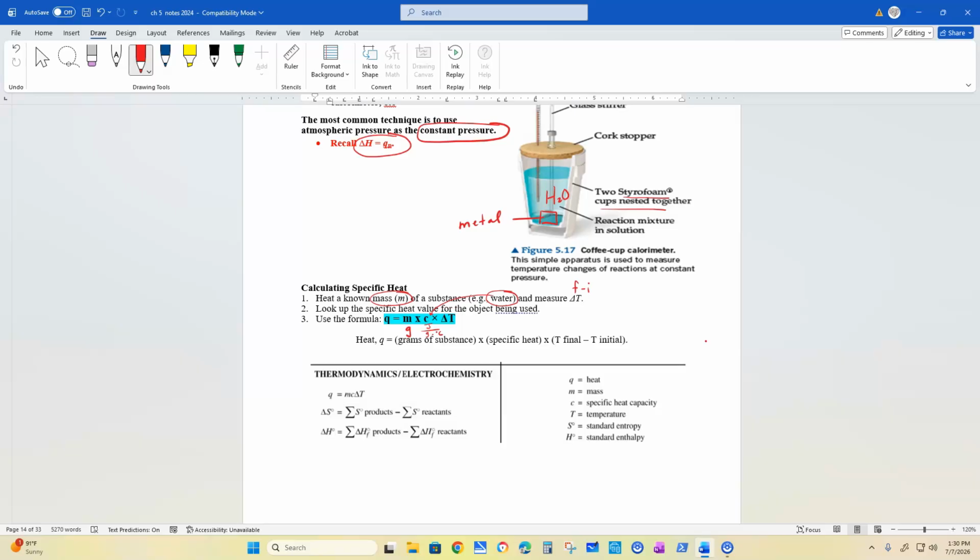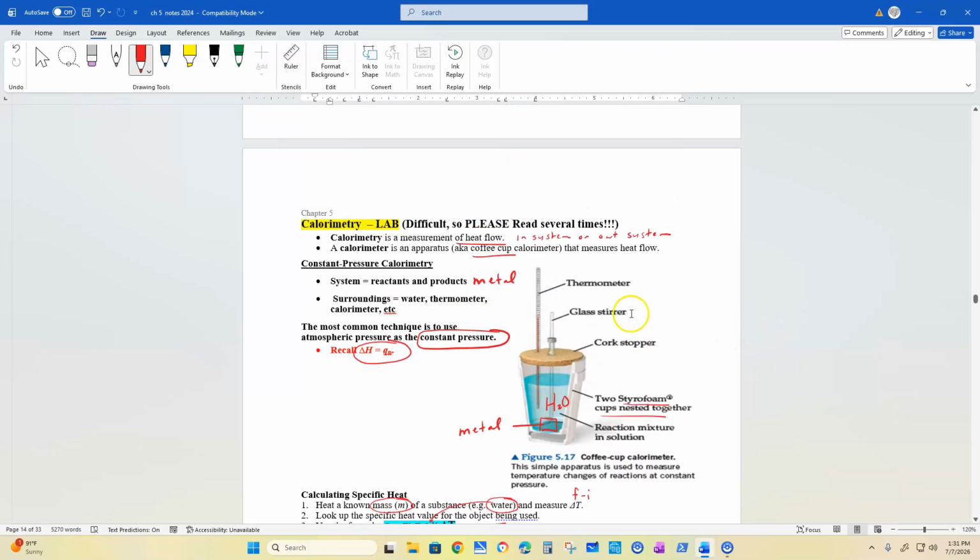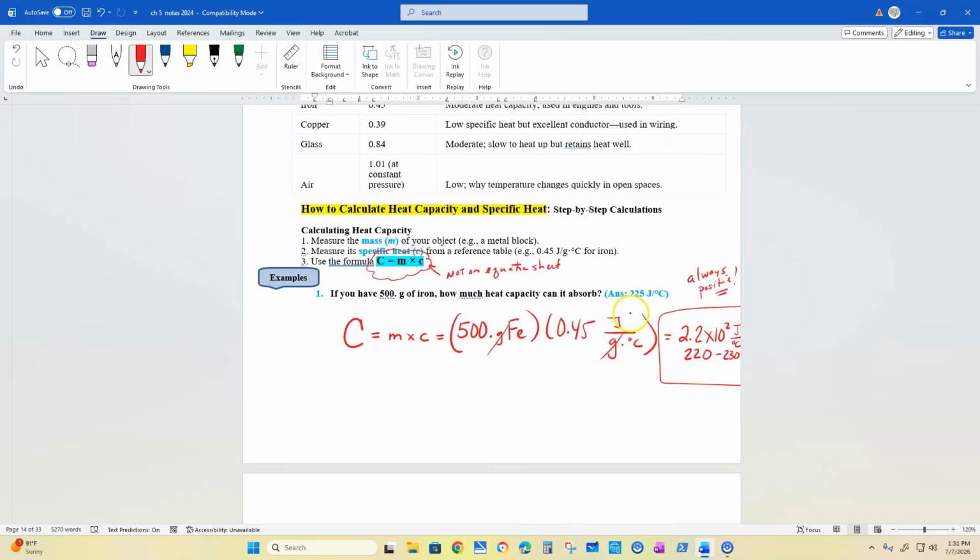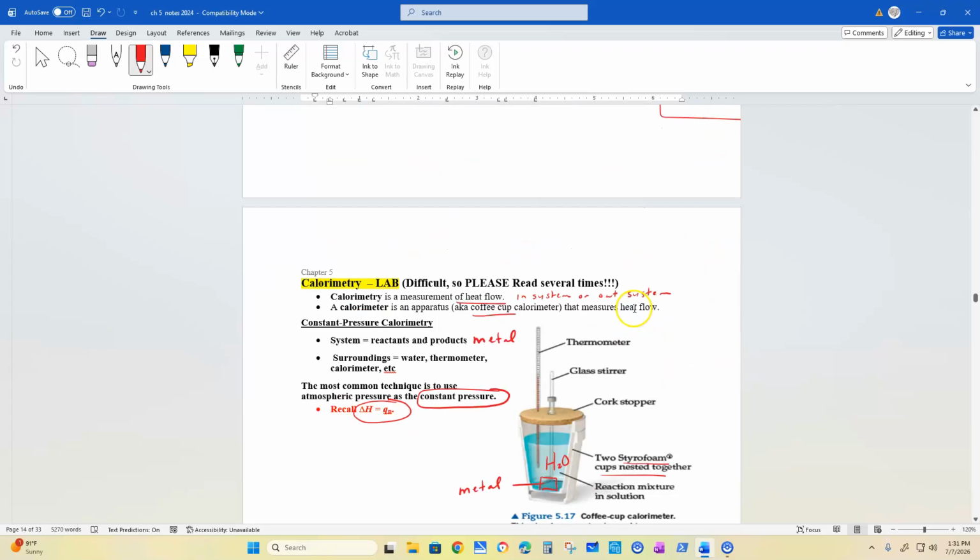When we subtract, I'm still going to get degrees Celsius. So notice the difference with heat capacity: my Celsius cancels and my grams cancel, so all I have left is joules. Whereas for heat capacity, we have joules per degree Celsius. So the mass is canceled only, not the temperature.